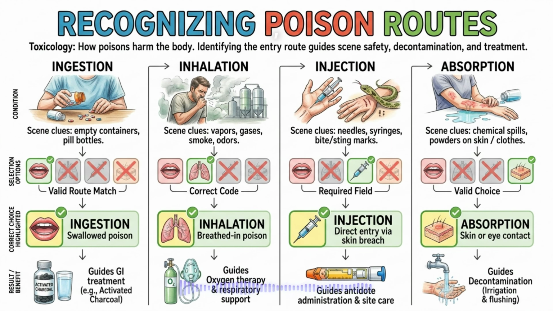Your scene size up is especially critical here, as you need to identify pills, needles, or chemical containers before you safely approach the patient. Knowing how the poison entered the body dictates how you will decontaminate the patient and what specific treatments you will provide.